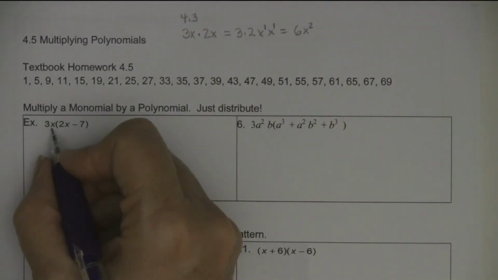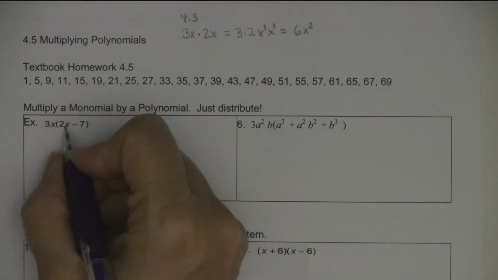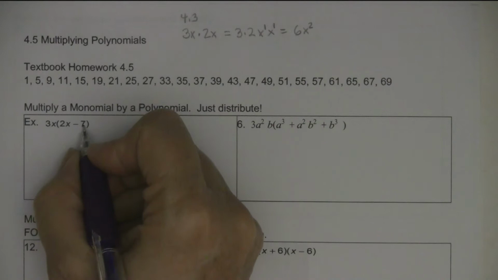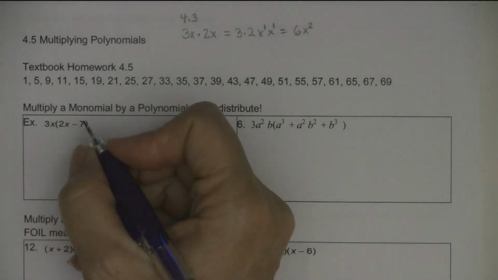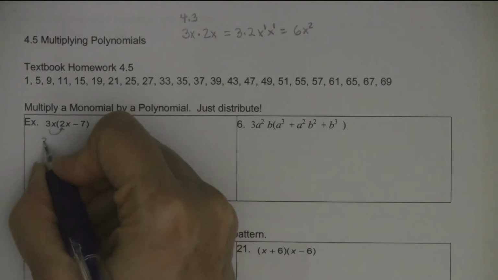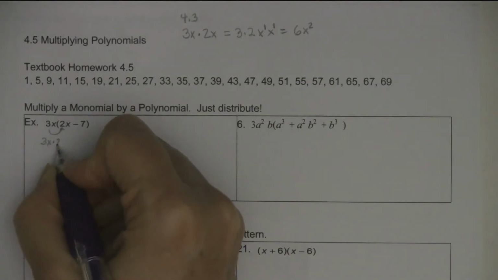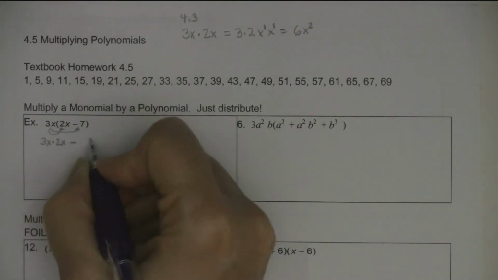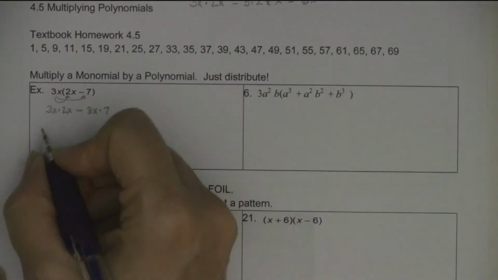And now they're saying how you multiply this monomial times this binomial is you just use the distributive property. So you're multiplying 3x times 2x, and then 3x times minus 7, right? And then you just do the numbers.